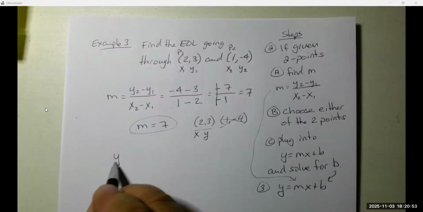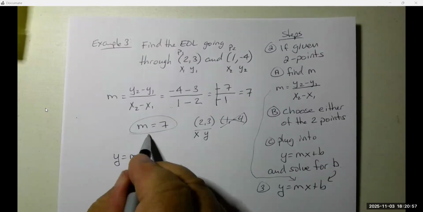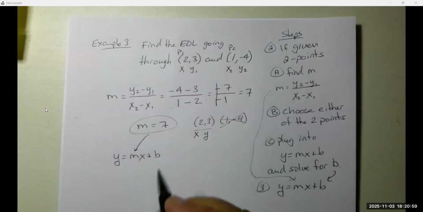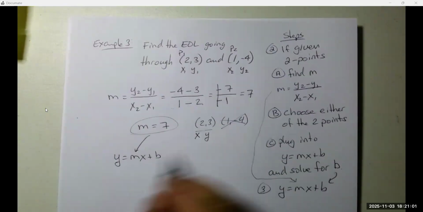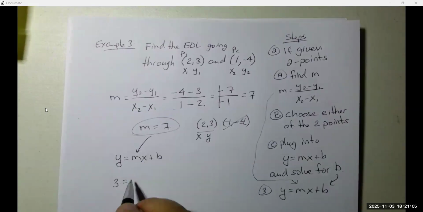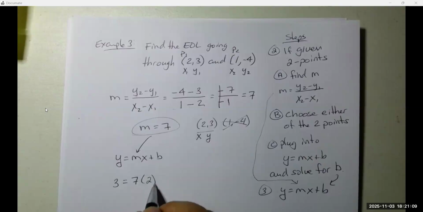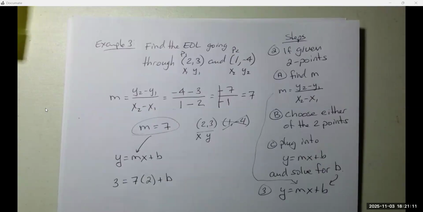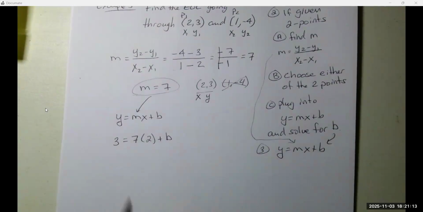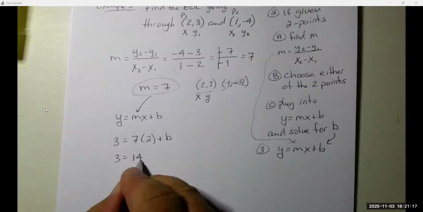So let's plug it in there. Y equals mx plus b. Our slope is that. X, so y value is 3. M, our slope is 7. X value is 2. Let's solve for b. 7 times 2 is 14.